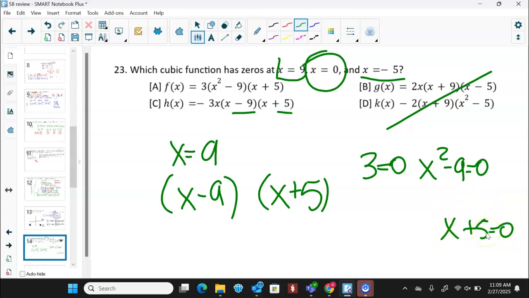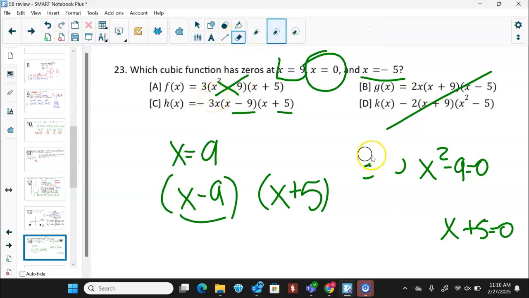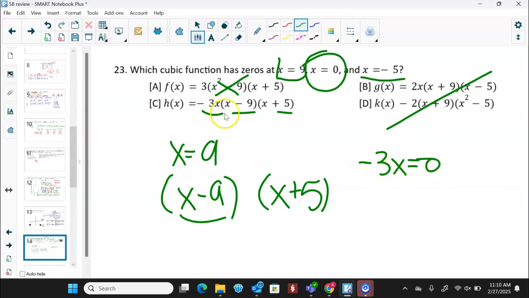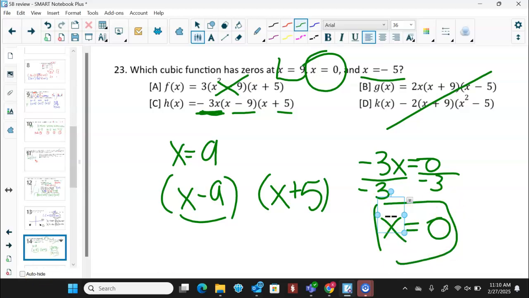First of all, I can already see that x squared could not be it because I only have x minus 9, so it must be C. But I want you to understand where that 0 is coming from. The 0 is coming from that number in the front, negative 3x. If I set this piece equal to 0 and divide both sides by negative 3, x will equal 0.